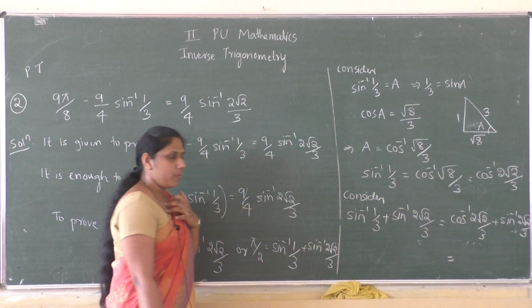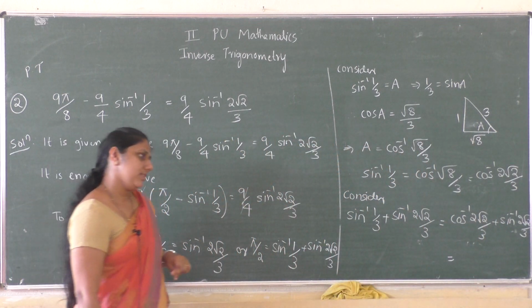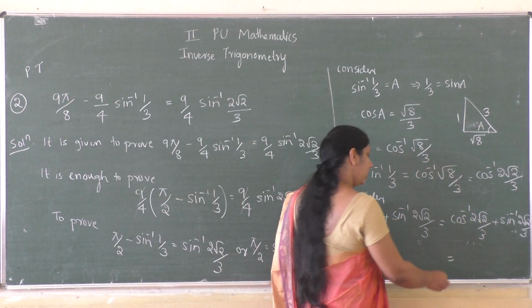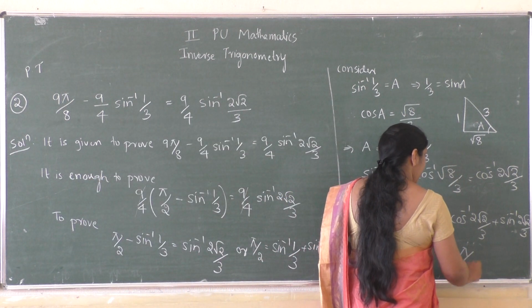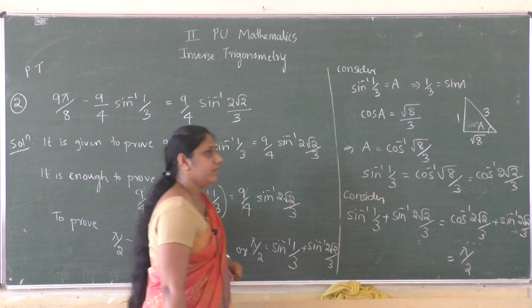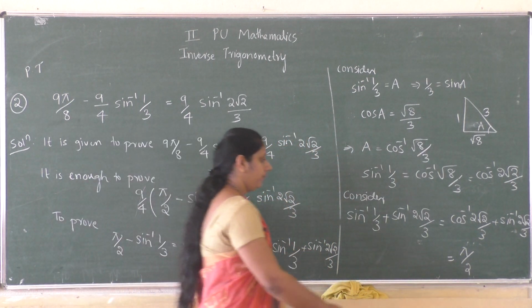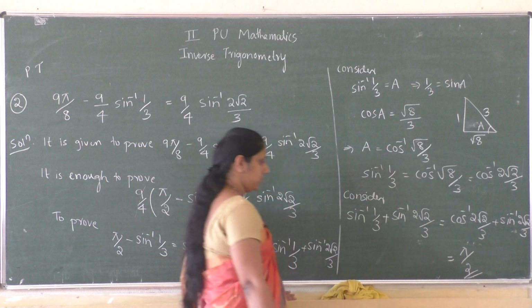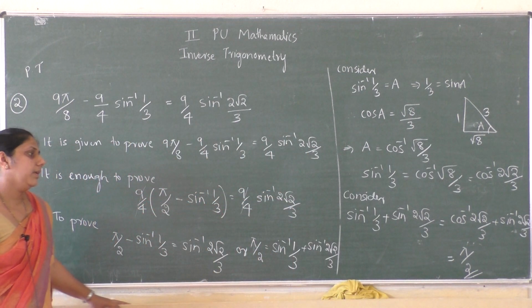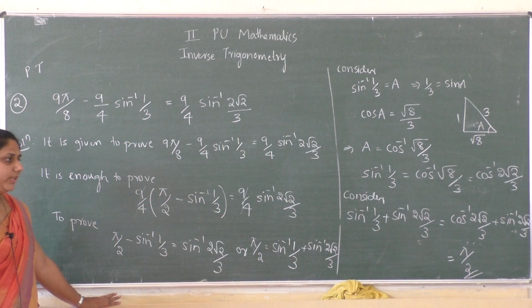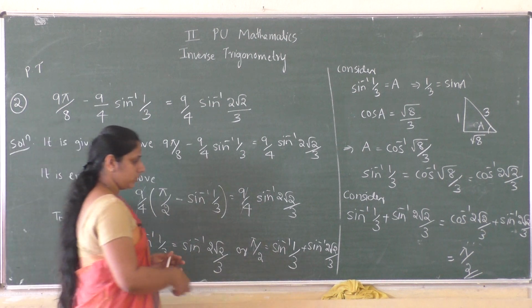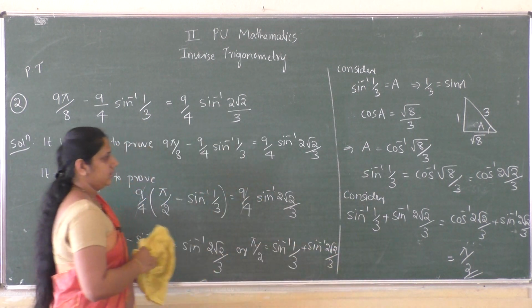Now see one of the property, cos inverse x plus sin inverse x equal to pi by 2 if x belongs to closed interval minus 1 to 1. So we proved the condition, that is sin inverse 1 by 3 plus sin inverse 2 root 2 by 3 equal to pi by 2. So this is the required answer.